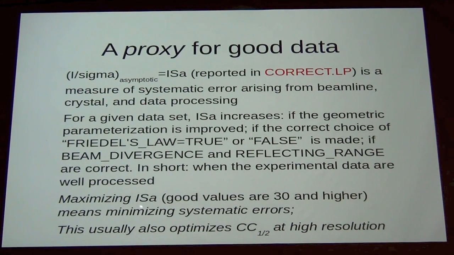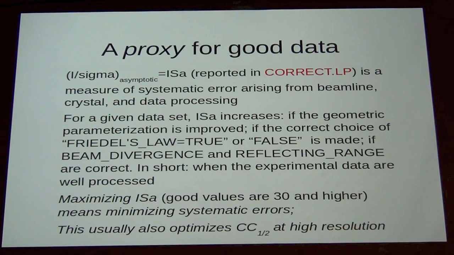So if you find a high value of I over sigma asymptotic, then you know that everything has worked out perfectly, and that means the systematic error level is really low. Whereas in some cases, you go to a beamline, you collect data, and you find I over sigma asymptotic is low, even though your crystals were good. And that means there's something wrong at the beamline, too much shutter jitter or beamline instability or whatever.